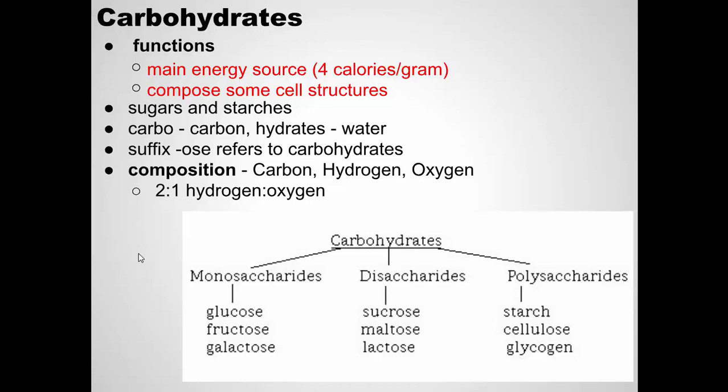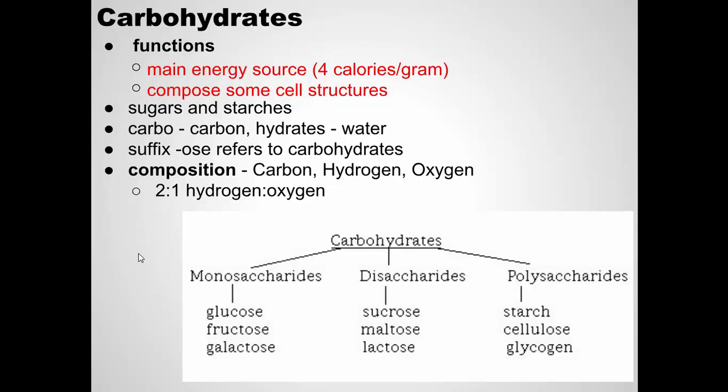A lot of times when we think about carbohydrates, we're thinking about starches and sugars. And the name itself, carbohydrate, the carbo means carbon, hydrate means water. And that's what carbohydrates are. They're just basically carbon and then hydrogen and oxygen in a 2-to-1 ratio.